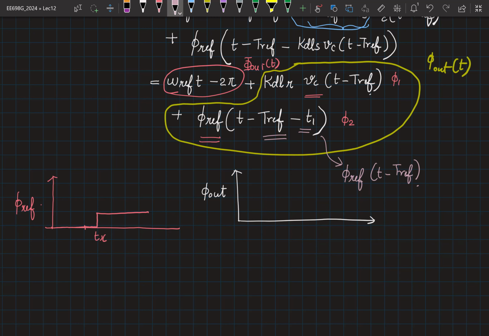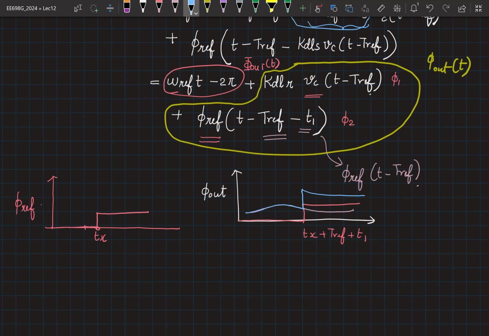I'm going to assume some shape for phi 1, right? And phi 2, ideally where would you expect this to happen? If this occurred at tx, here it will happen at tx plus tref plus t1, right? So you would expect to see a step here. So the total signal phi out will follow this curve, then you will see a step here, then it will follow the rest of the curve.